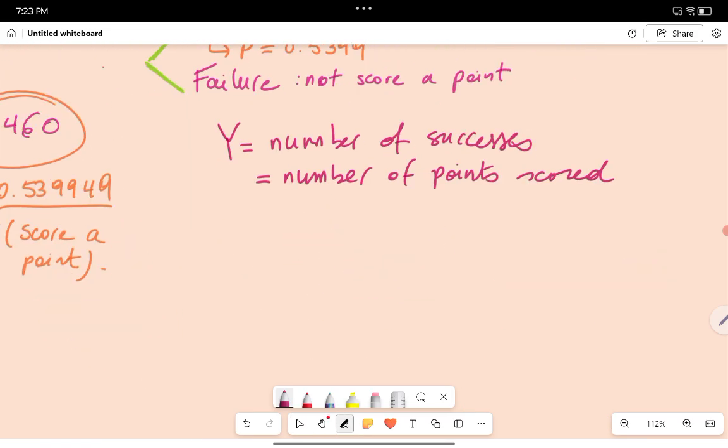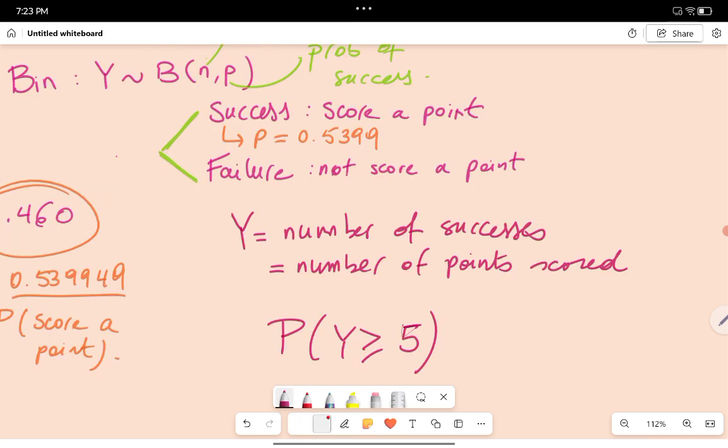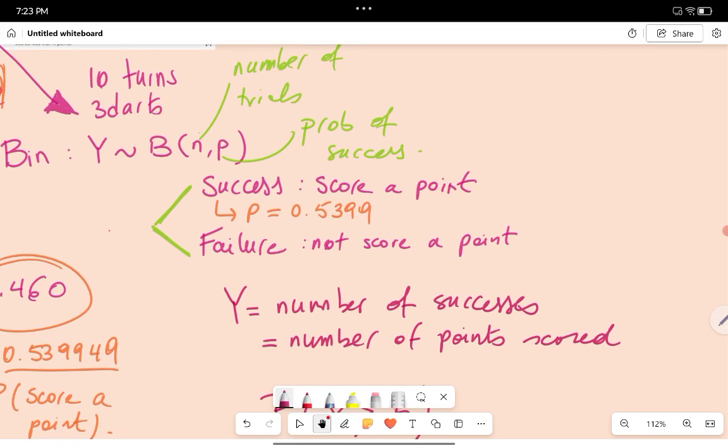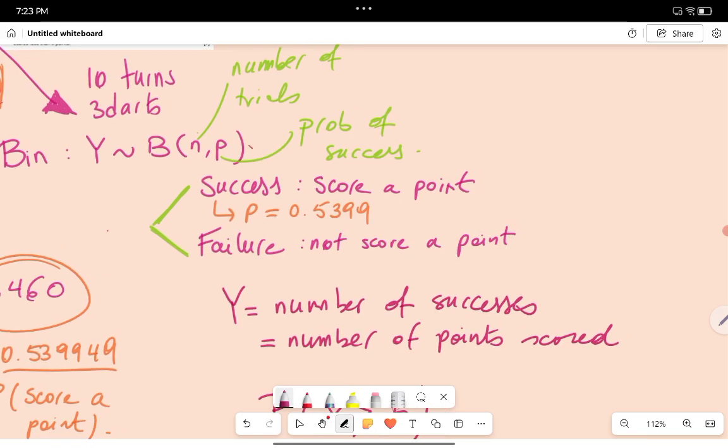So what do we want actually? We want the probability of y being bigger or equal to 5. Do we agree? We want the number of points scored to be at least 5. Yes, very good. So indeed we have here y is binomial, b.